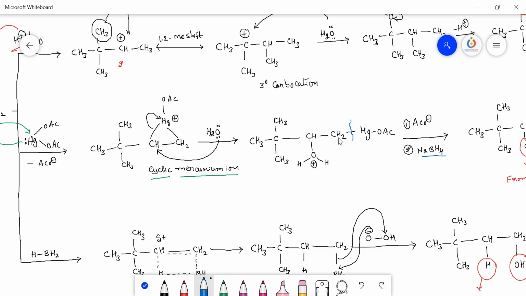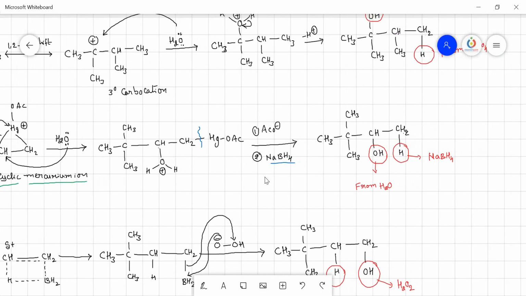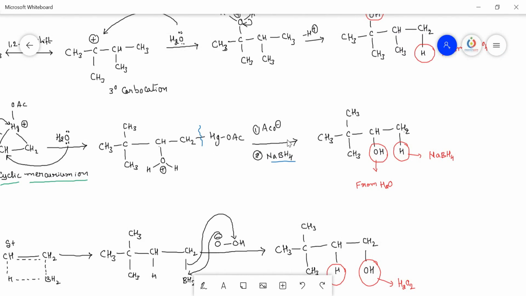So NaBH4 will add hydrogen in this particular position. So finally we get the hydrogen on this CH2 carbon and OH on this CH carbon. So this OH is from water and this hydrogen is from NaBH4.